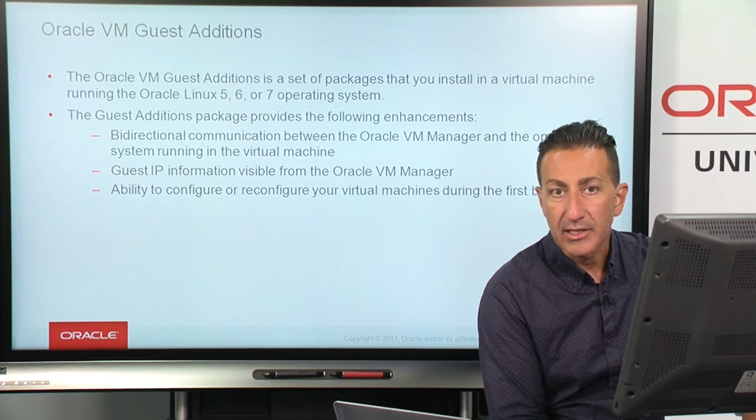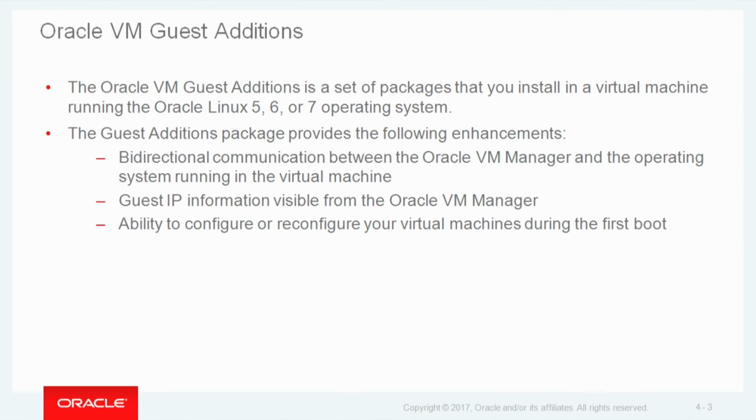Another enhancement is obtaining the guest IP address information that is visible from the Oracle VM Manager utility, and the ability to configure or reconfigure your virtual machines during the first boot. As you saw, for example, in previous labs and lessons, you created new VMs based on templates or from scratch, and you would see that templates come with these guest additions.